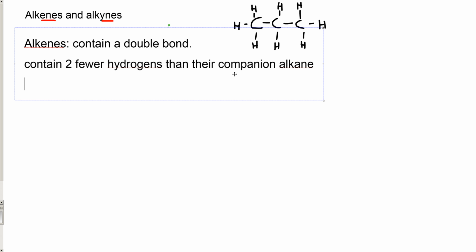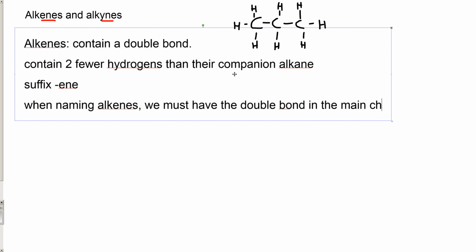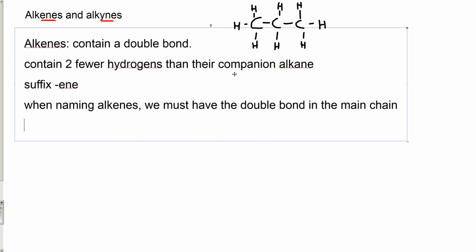So they contain a double bond. They have two fewer hydrogens. They're still made out of carbon and hydrogen. The ending part of the word, in other words the suffix, instead of ane, is ene. And the last thing: we have to have the double bond in the main chain.